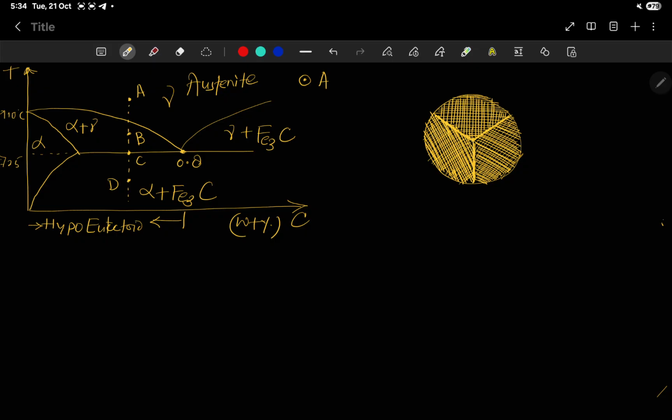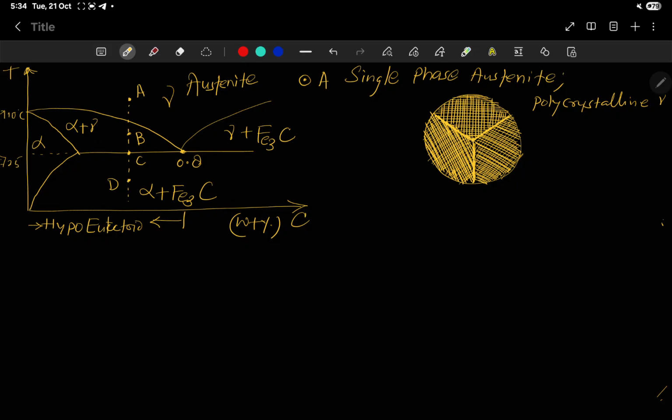Okay, so here we get gamma. Gamma is single phase austenite, as we have learned earlier. This is polycrystalline gamma, right?